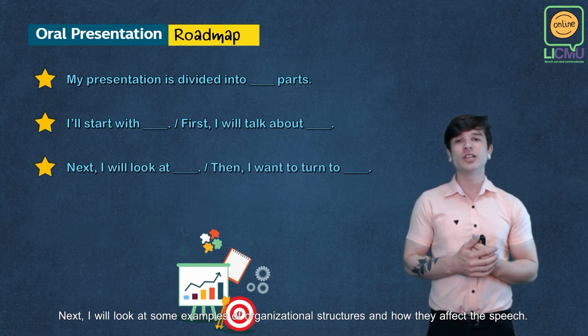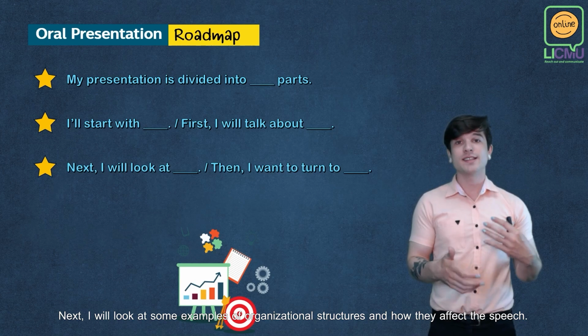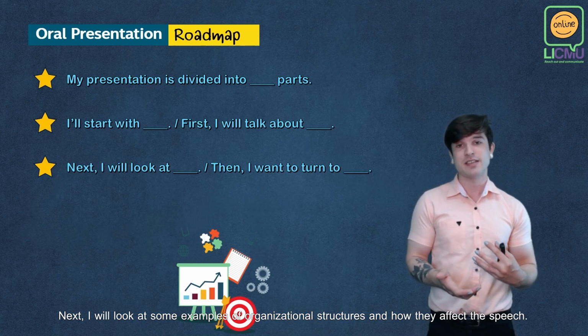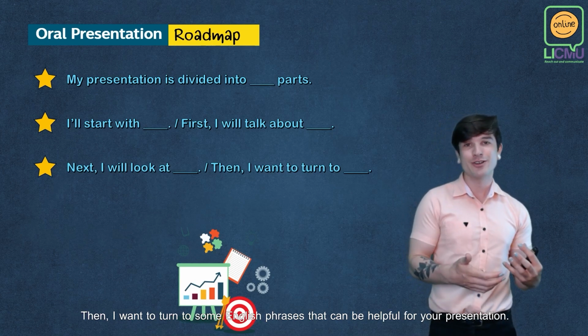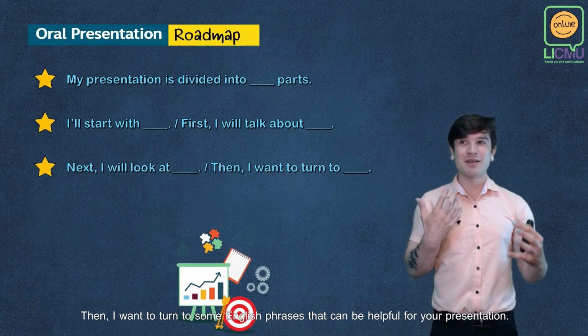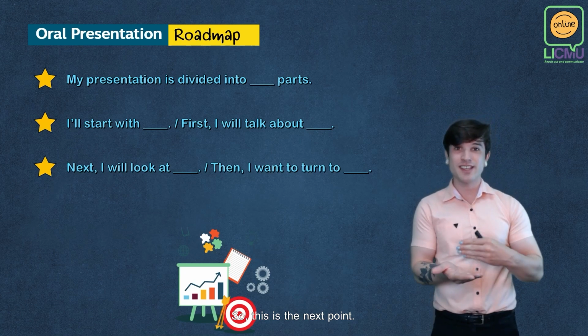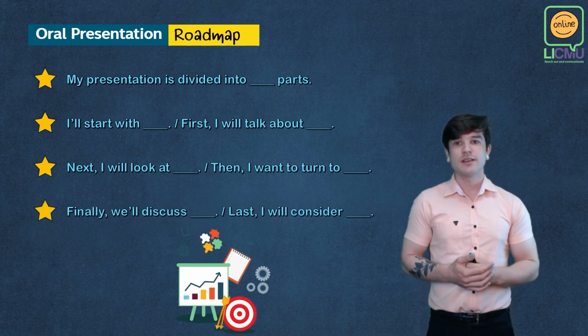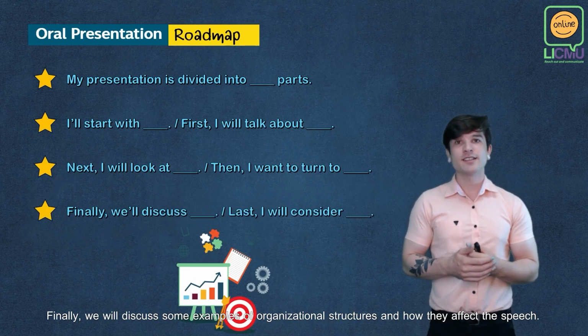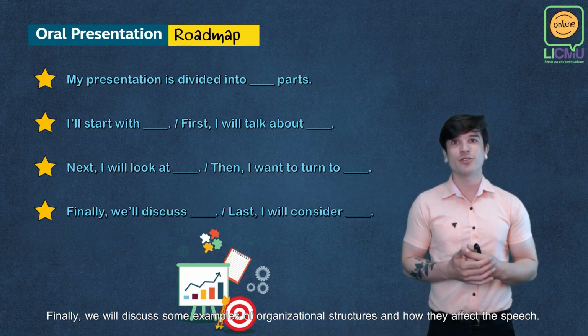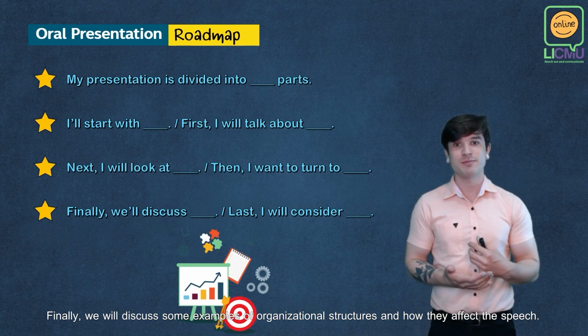Next, I will look at some examples of organizational structures and how they affect the speech. Then I want to turn to some English phrases that can be helpful for your presentations, right? So this is the next point. Finally, we will discuss some examples of organizational structures and how they affect the speech.